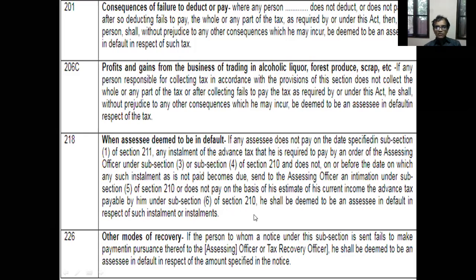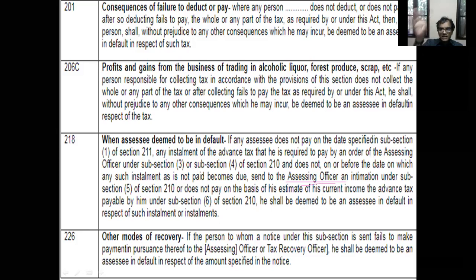Okay. Now, these are the subsequent provisions relating to assessee in default. The assessing officer will check who is responsible for not paying tax from the particular company. If the officer who is responsible in the company is unable to deduct tax and repay it to the tax authorities, then he will be punished.